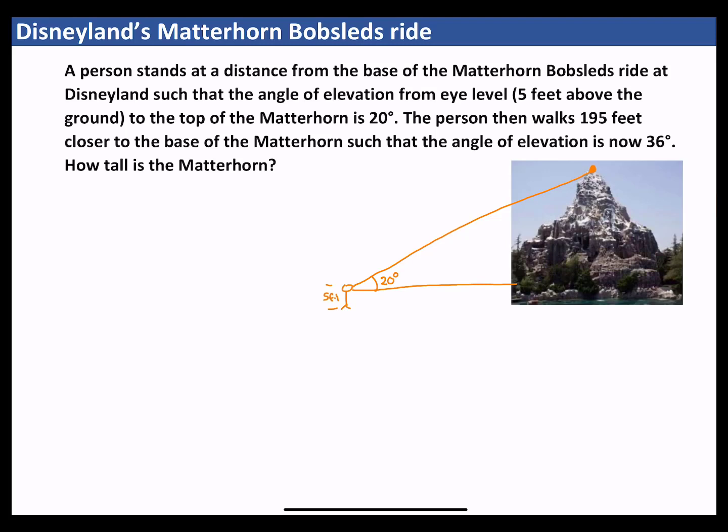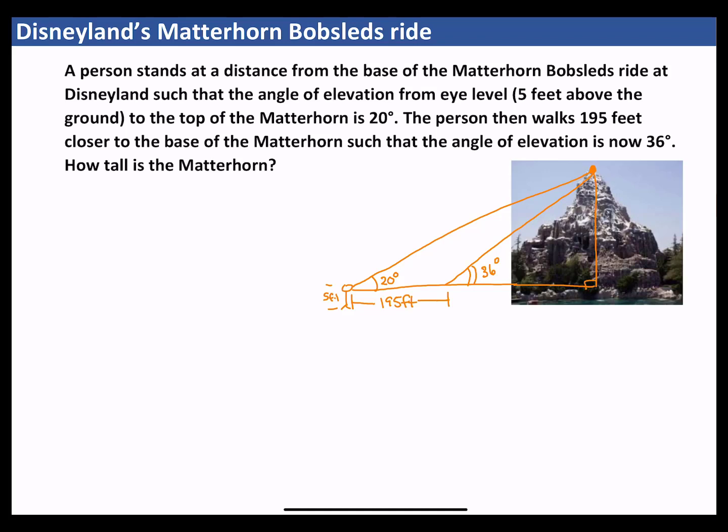And then the person walks 195 feet closer, and now the angle of elevation is 36 degrees. Right, so this distance here was 195 feet.